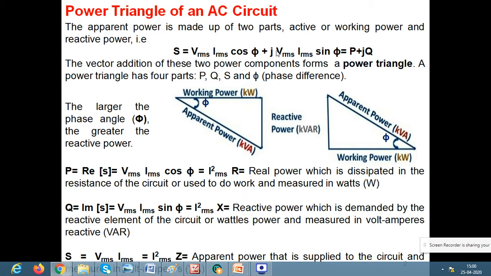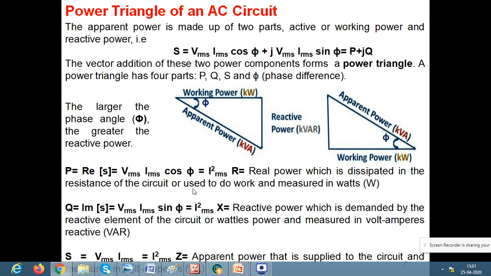When I take the imaginary part of S, it is the reactive power, which is demanded by the reactive element of the circuit. It may be an inductive or a capacitive element.